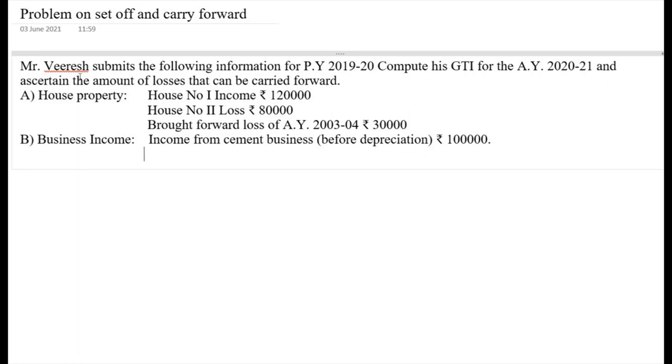Current year's depreciation rupees 50,000.